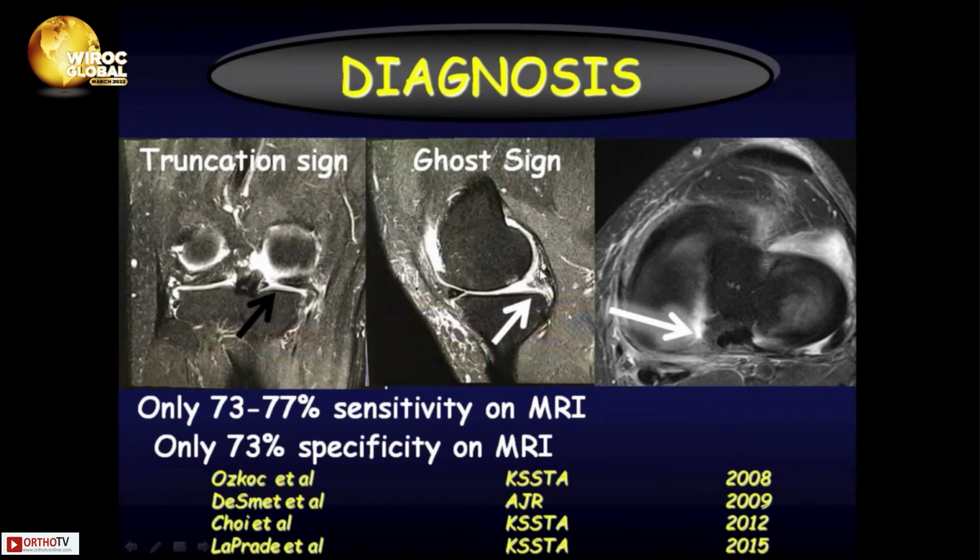Second, the ghost sign, an almost complete disappearance of the dark signal of the medial meniscus. And then we have a transverse fluid signal. That means we have a tear of the root of the meniscus. And if we combine all these axial, sagittal, and transverse views, the specificity is almost 100%.